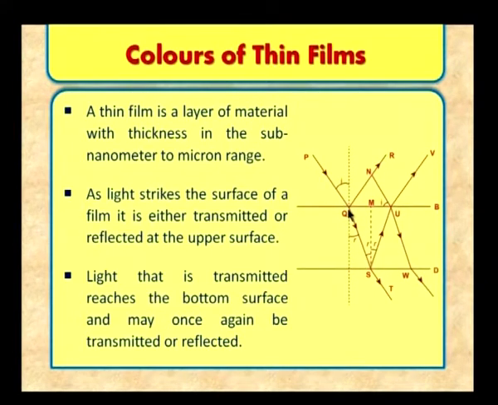This light ray PQ is reflected at the point Q and goes in this direction, whereas light ray 2 goes through an extra distance QS, is reflected again, and comes through the same distance SU, which is obviously equal to QS, and then comes here. This is the extra path travelled by the second light ray. This is the first light ray, this is the second light ray, and these two will interfere. The second light ray travels through an extra distance QS plus SU. Obviously, QS and SU are the same.